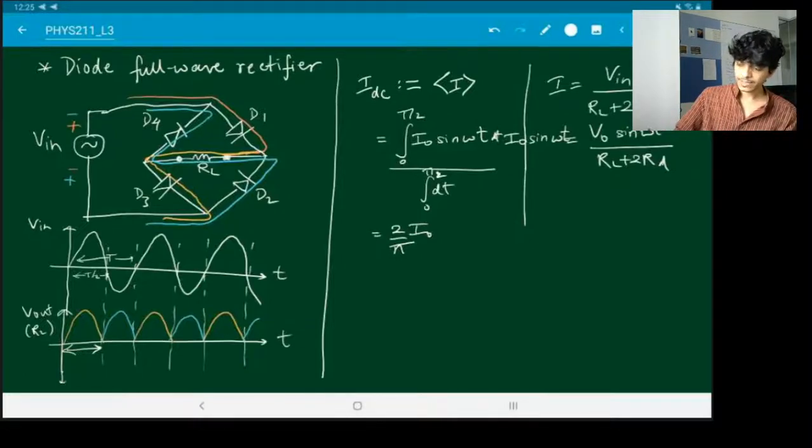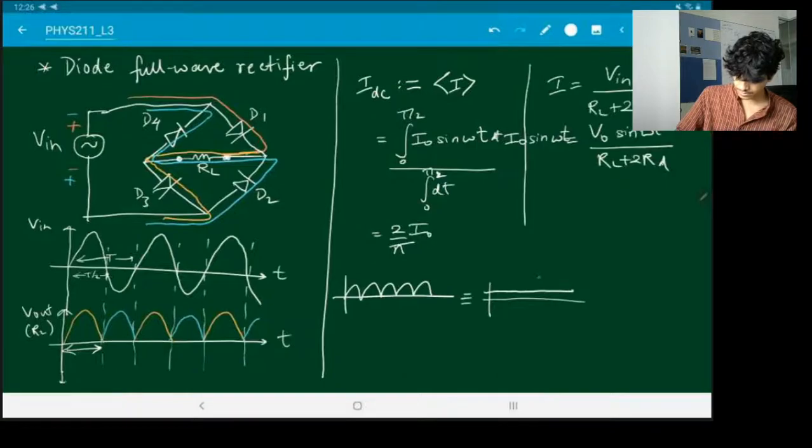Now the output signal that we have, which looks something like this, you can think of it as being a sum of a constant part, which is like a DC, and on top of that there is some little wiggling.